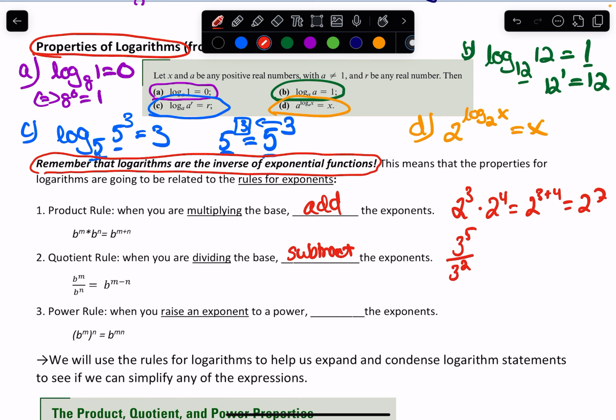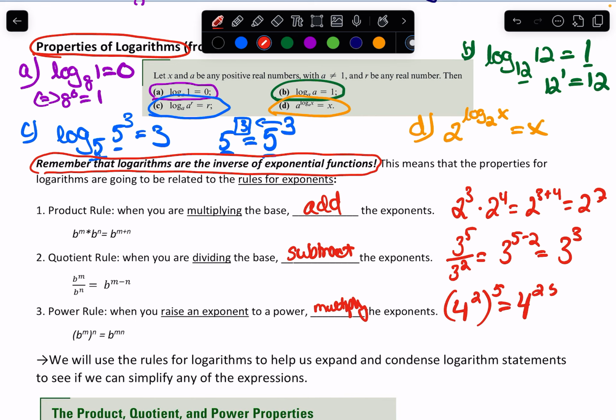Okay? The third one is the power rule. So when you raise an exponent to a power, you multiply the exponents. So, for example, 4 to the power of 2 to the power of 5, we would do 4 to the power of 2 times 5, which is 4 to the 10th power.